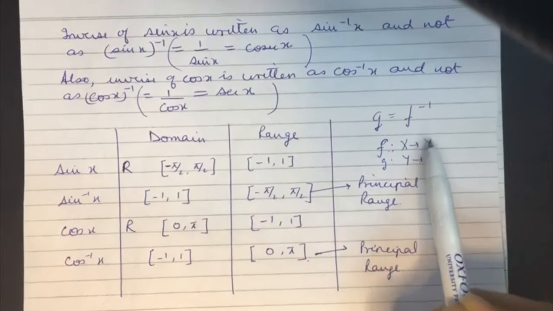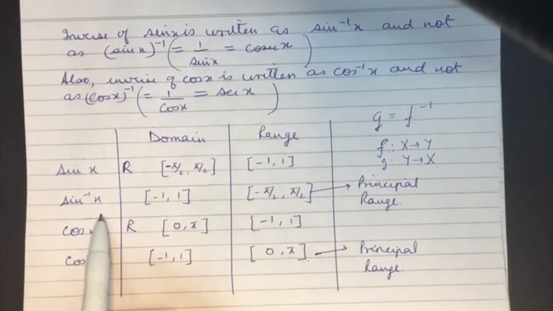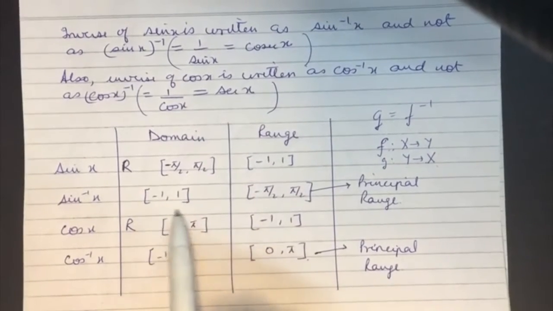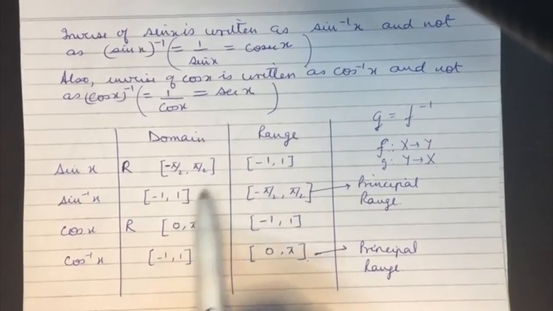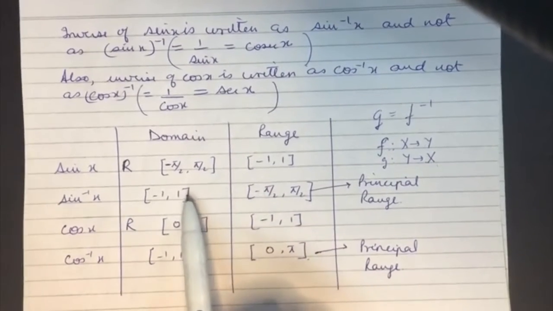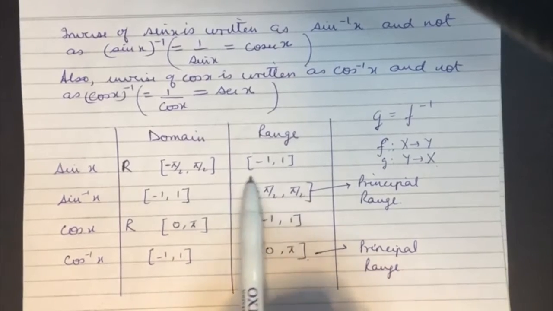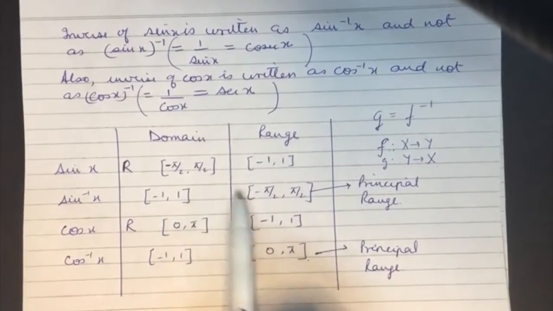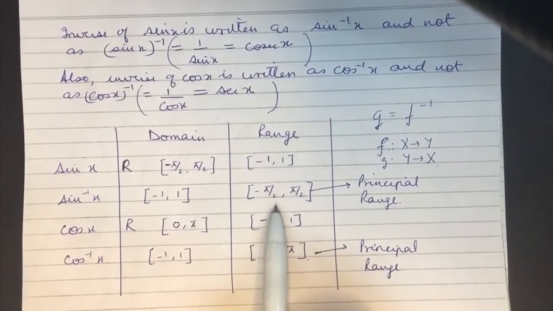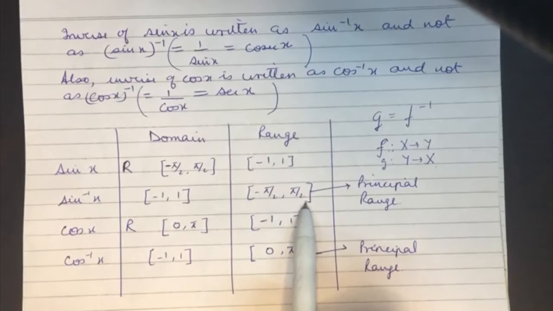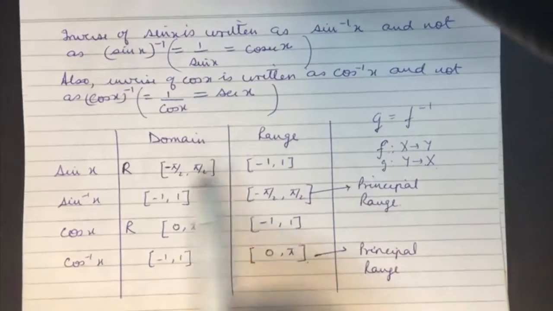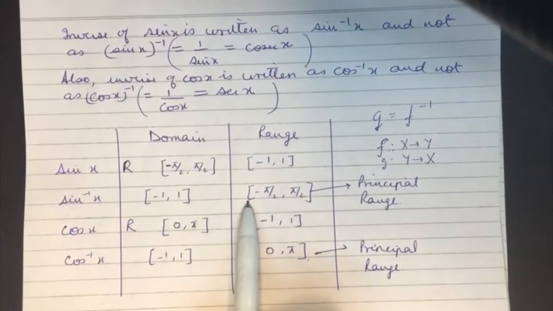In the same way here, if sine inverse x is defined, then the domain of sine inverse would be minus 1 to 1, which happens to be the range of sine x. In the same way, the range of sine inverse x will now become the restricted domain of sine x, which is minus pi by 2 to plus pi by 2. We call this the principal range of sine inverse x.